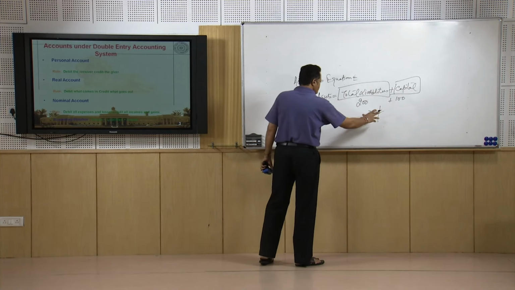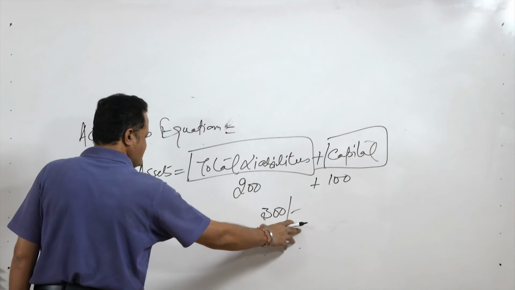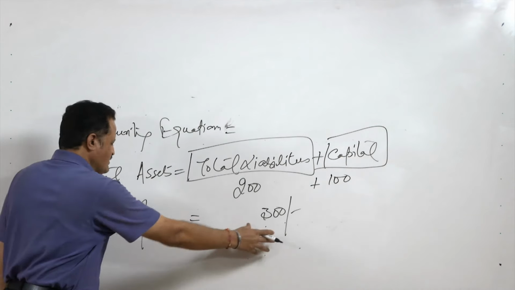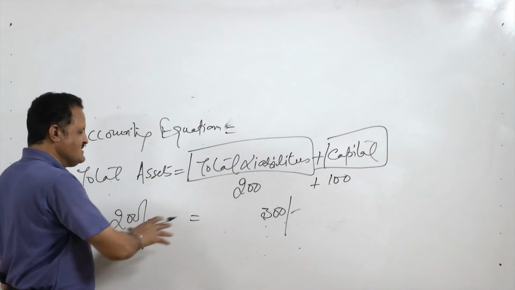Otherwise, if this side shows that I have invested 300 rupees, but here I have properties worth only 200 rupees, it means my liabilities are more than my assets.